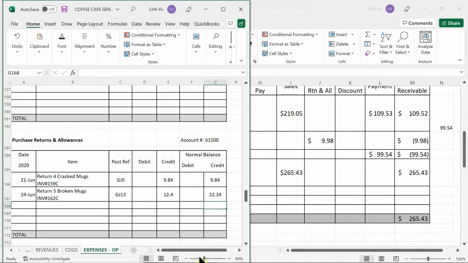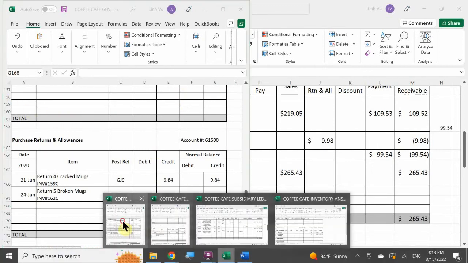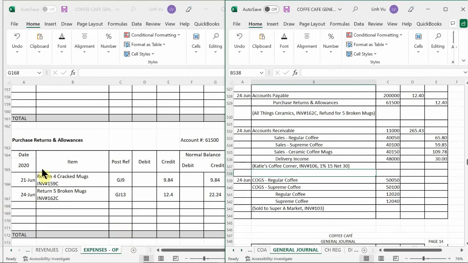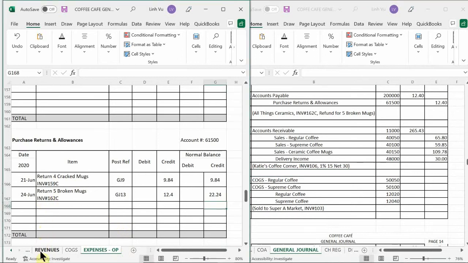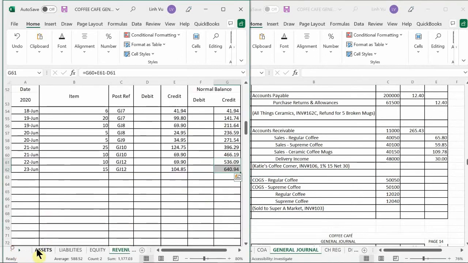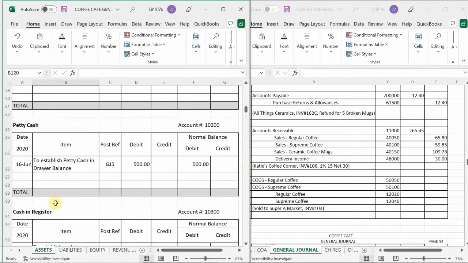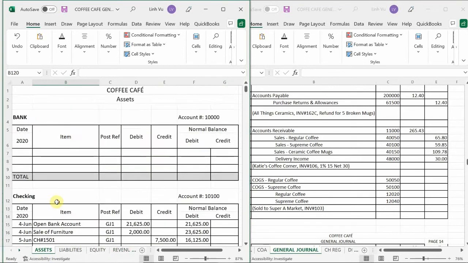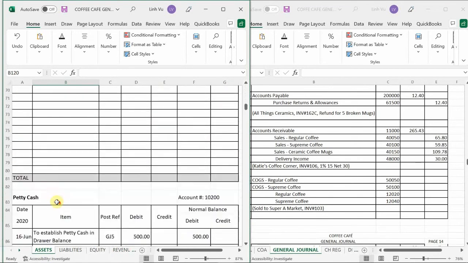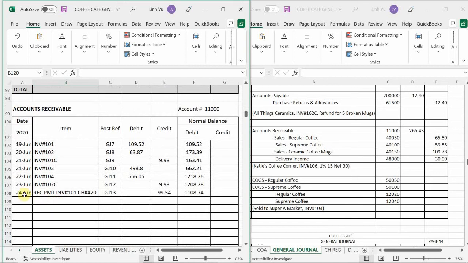And we need to go to assets, accounts receivable. There we go. Today's date, invoice 106.